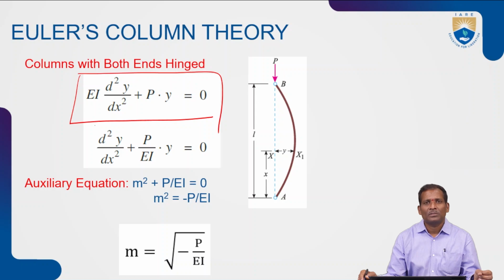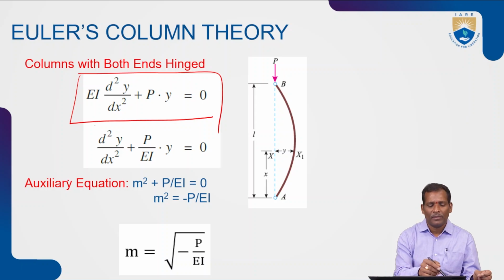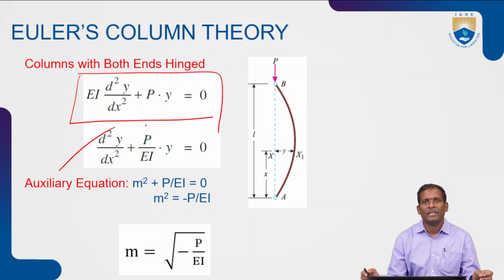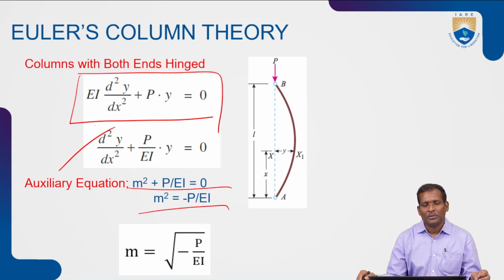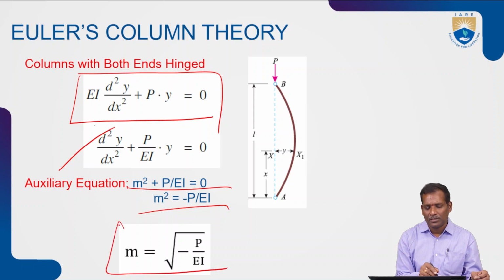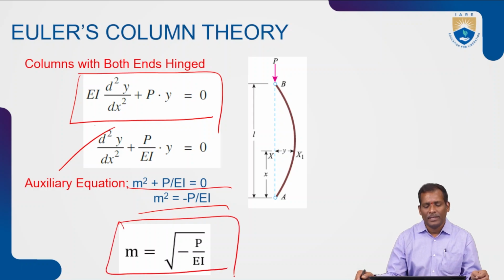Now simplify this equation: d square y by dx square plus P by EI into y is equal to 0. The auxiliary equation is m square plus P by EI is equal to 0, so m square is equal to minus P by EI. So m is equal to the square root of minus P by EI.